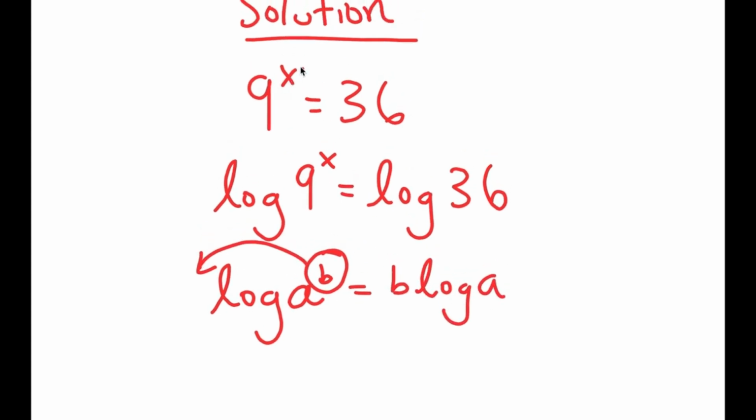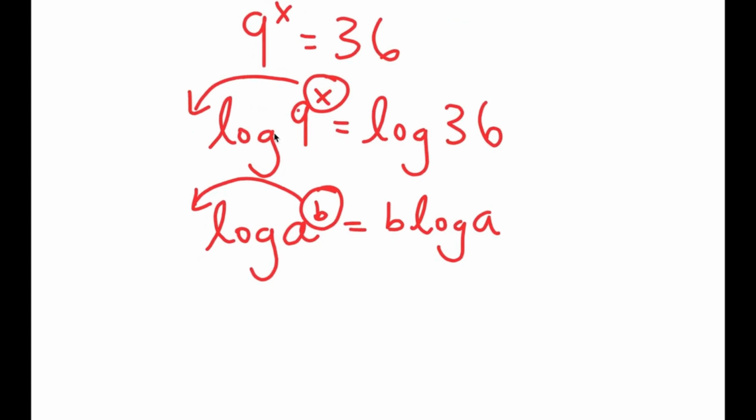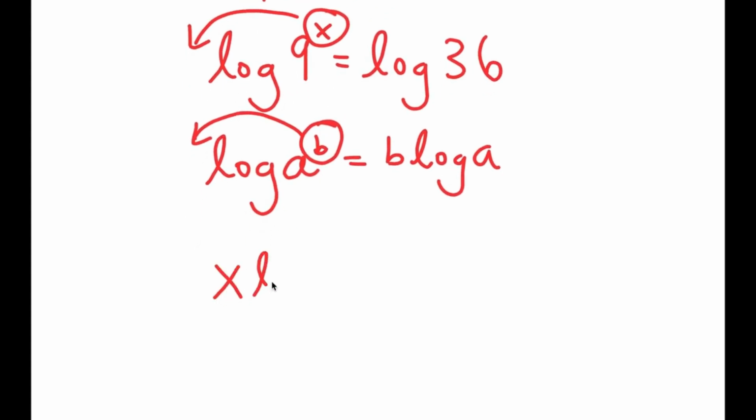So before, x was an exponent, and it's almost impossible to solve the equation in that form. But now we can move x to the front, and it's much easier to solve for x. So now I get x times log 9 is equal to log 36.